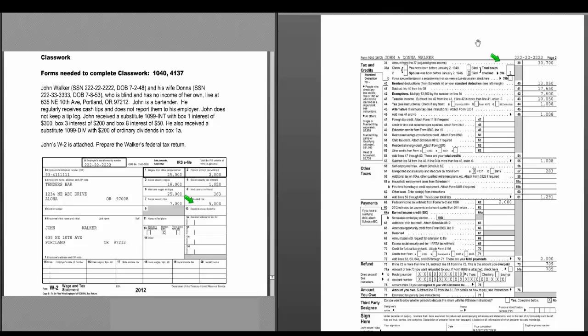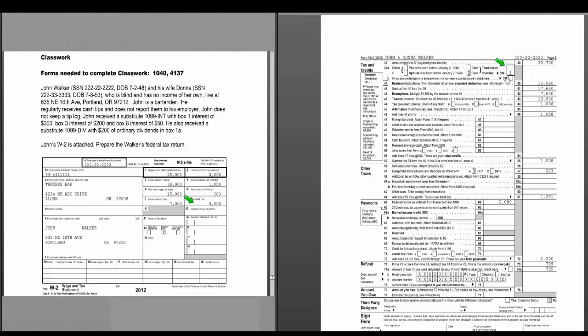The next thing that we do is we look here at 39A, and we have to see if either of the Walkers met the requirements for being over 65. Neither of them did, but Donna is blind, so we do put a checkbox in the blind and put a 1 here in 39A.